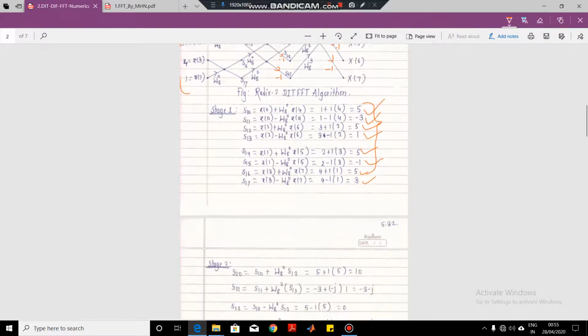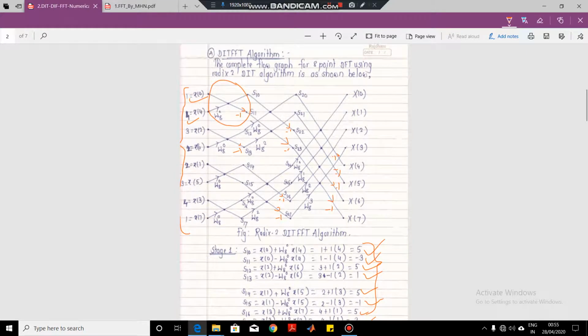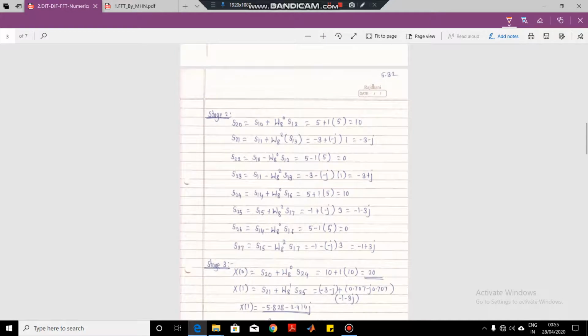Now how to get the second stage output? Similarly, we now have to combine these two butterflies. So S10 plus S12 multiplied by W80. Since W80 is again 1, this is simple addition. So we get 5 plus 5, which is 10.